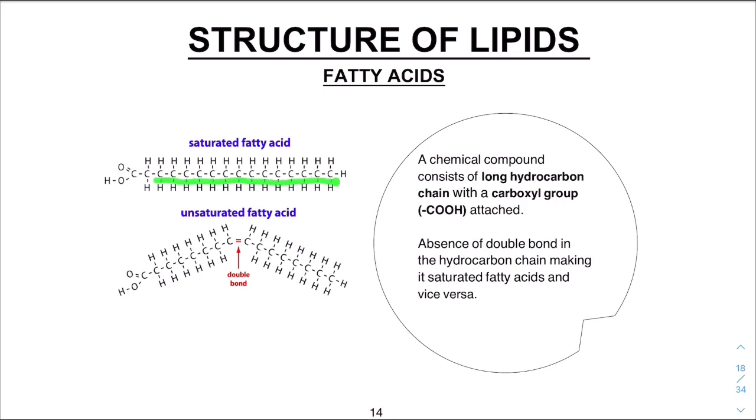Kita nampak dia single bond. Itu ialah saturated fatty acid, lemak tepu. Kalau unsaturated fatty acid, dia ada double bond. Kalau ada double bond, itu adalah unsaturated fatty acid. Itu perbezaan between saturated fatty acid and unsaturated fatty acid.